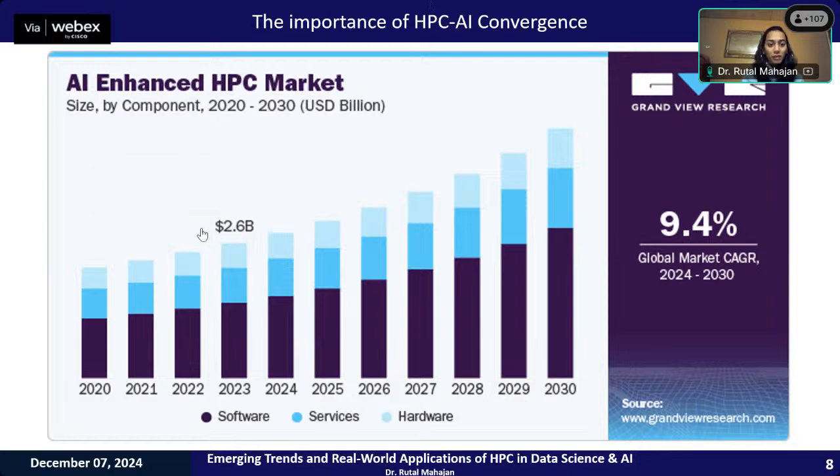This data was collected in 2023, when it was worth $2.6 billion, and it is to increase by 9.4%. So it's quite important to focus on the convergence of HPC and AI.